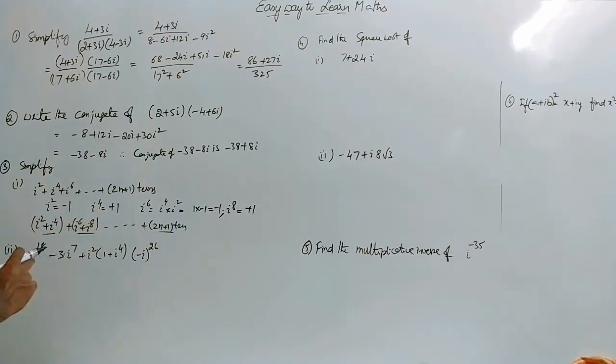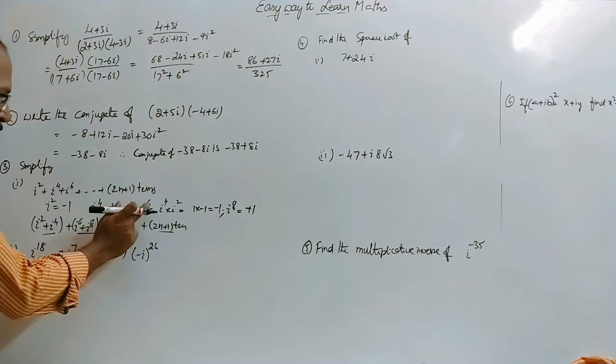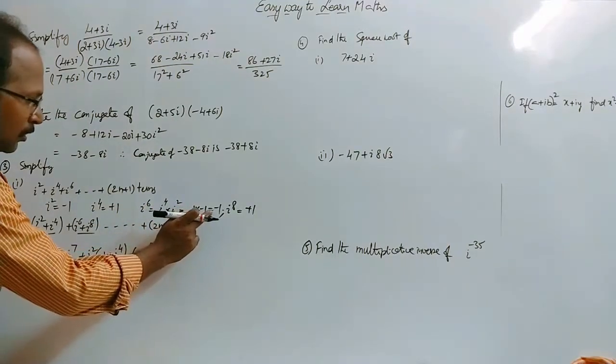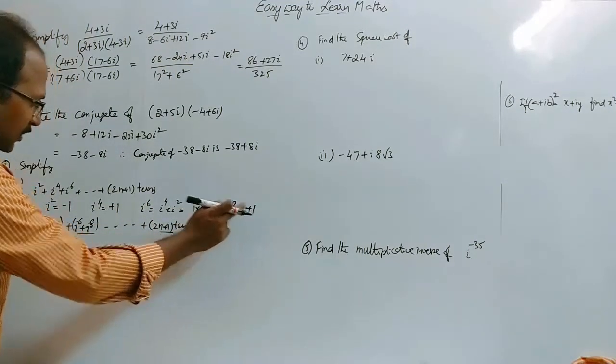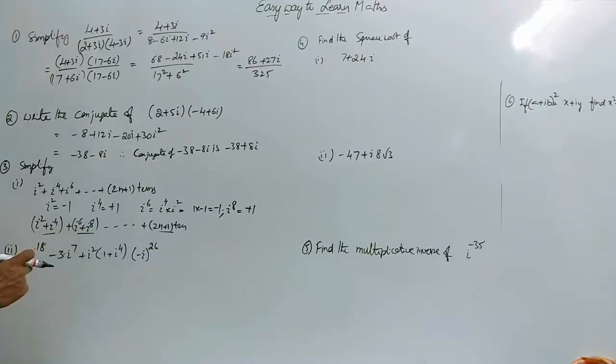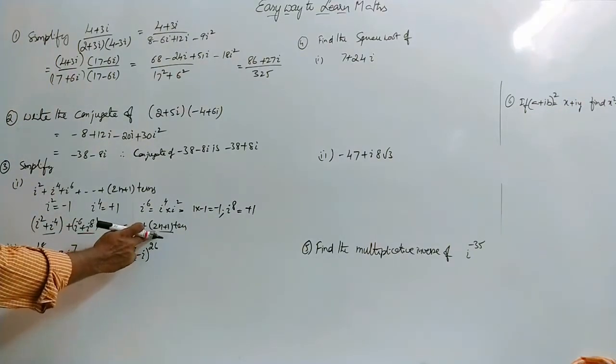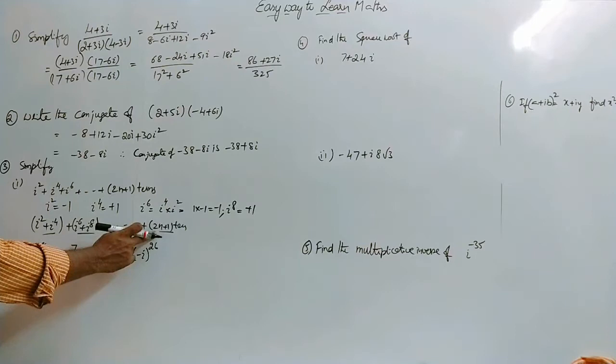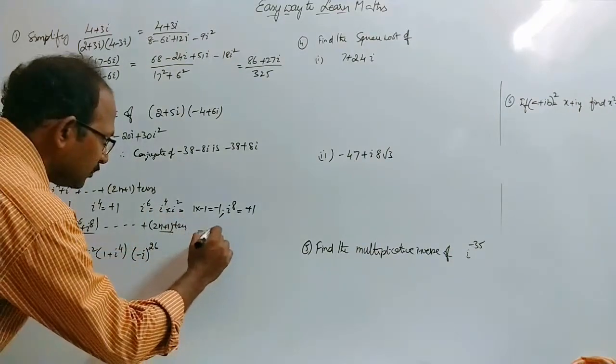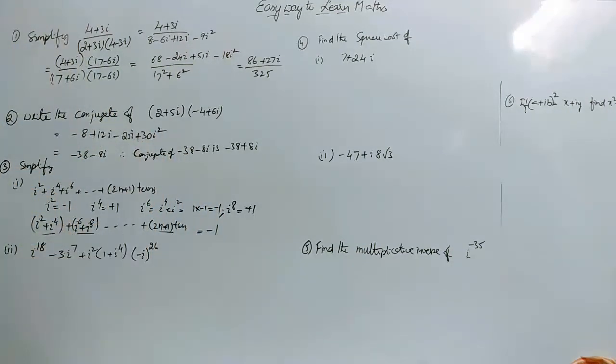Hence, observe that i squared is minus 1, i power 4 is plus 1, they get cancelled, 0. Here, i power 6 is minus 1 and i power 8 is plus 1. These two terms also get cancelled and the last term is nothing but minus 1. Therefore, the answer is minus 1.